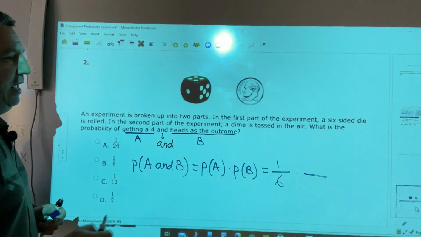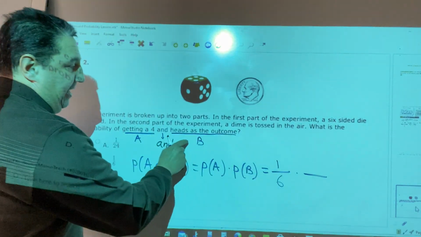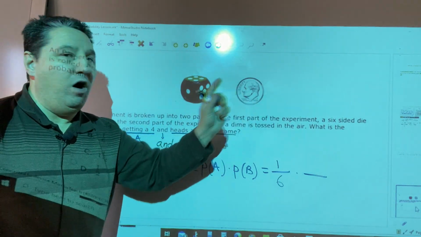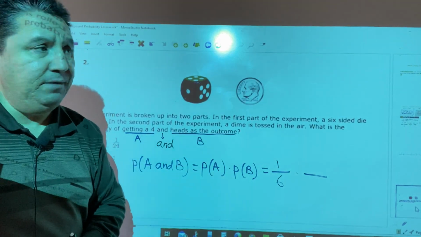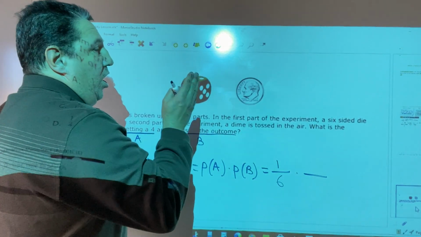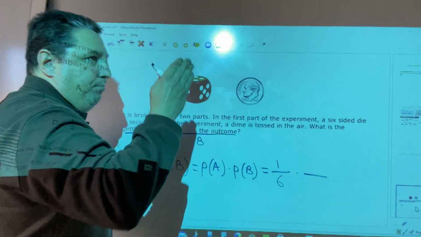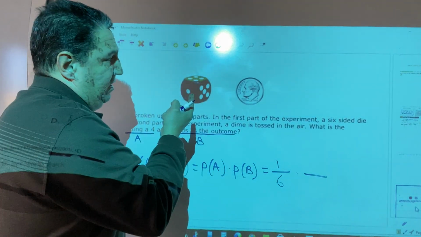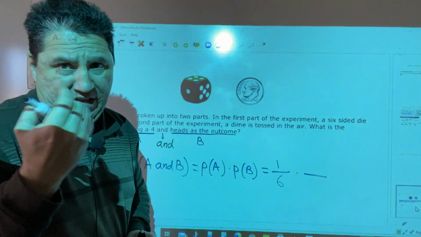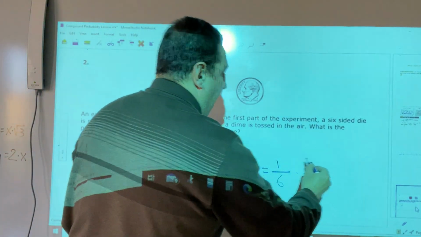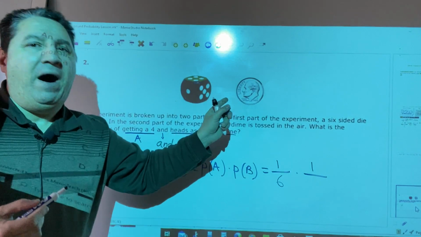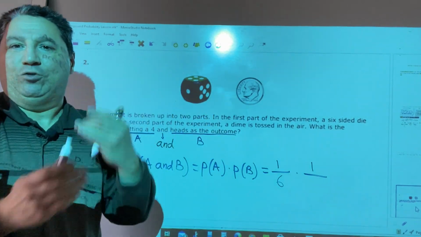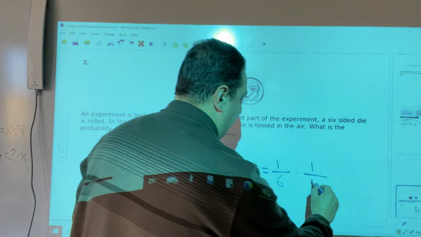Good. Now for the second event, getting a head when we toss a dime in the air. What is the number of favorable outcomes? It is just 1, because a coin has only one head, out of 2 possible outcomes, because a coin has 2 faces. So it would be 1 over 2.